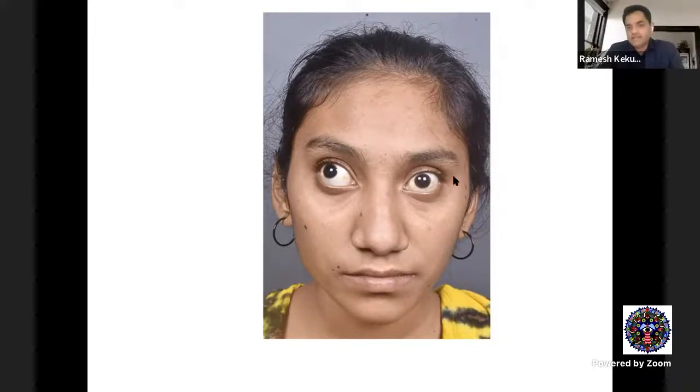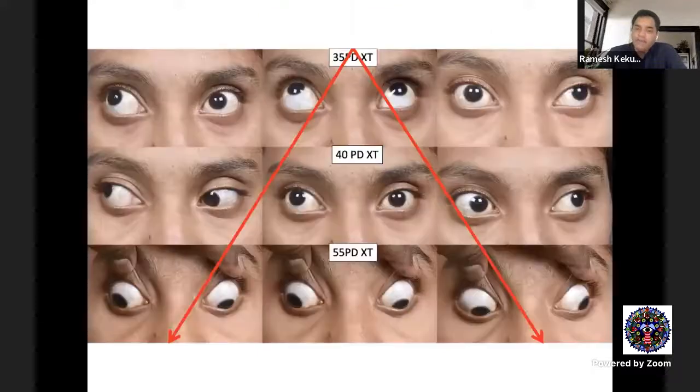She has this anti-mongoloid slant. Why is it important? With this change in the slant, the path of the extraocular muscles can be different. We call it heterotopia of the pulleys and the path of the muscles. With that, they can have a pattern strabismus.